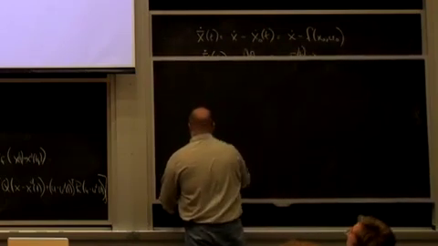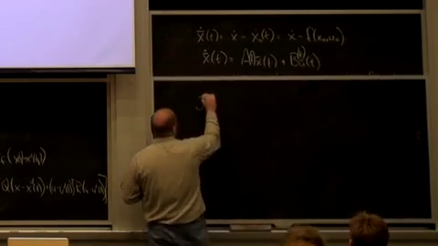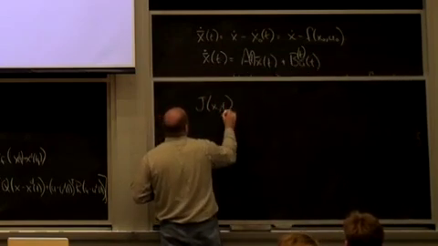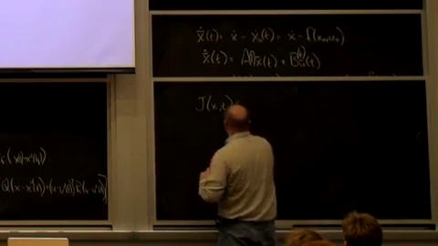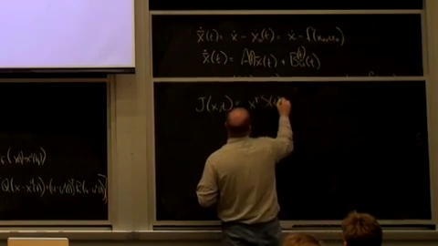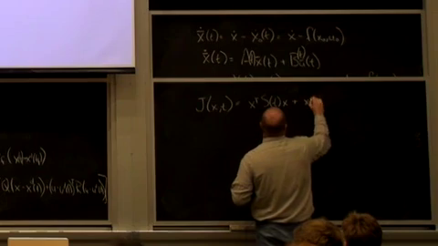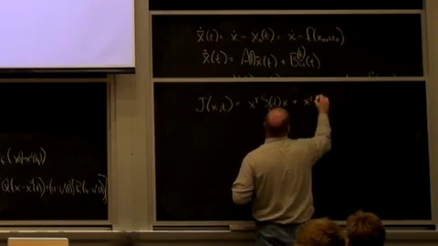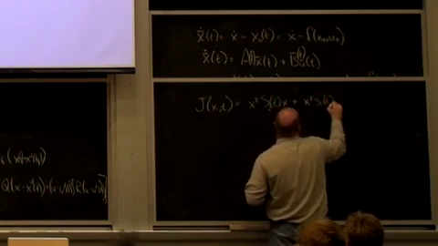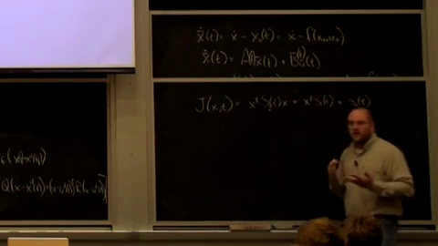I'm not going to do the whole derivation, to bore you, but what you end up with is J of x of t has a form x transpose S2 of t x plus x transpose S1 of t plus S0 of t. It's a full quadratic form.